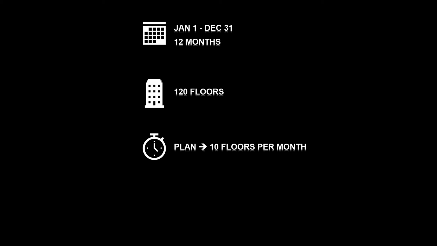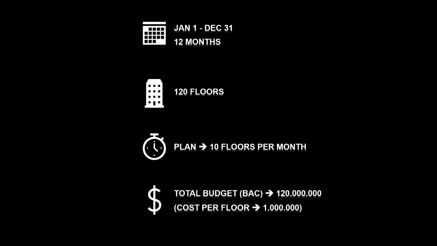That means the planned value at the end of January is $10 million. At the end of February, it's $20 million, and so on. And the planned value on December 31st is $120 million. So this is the plan.